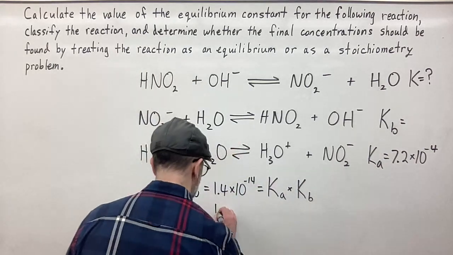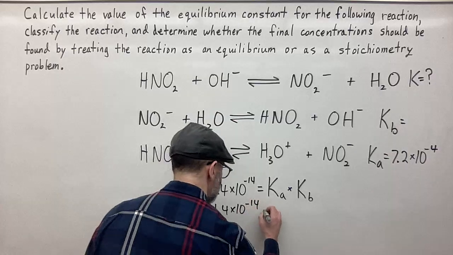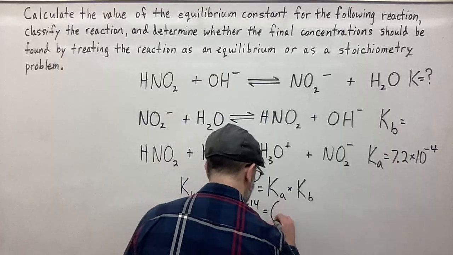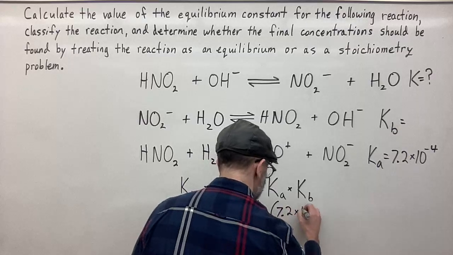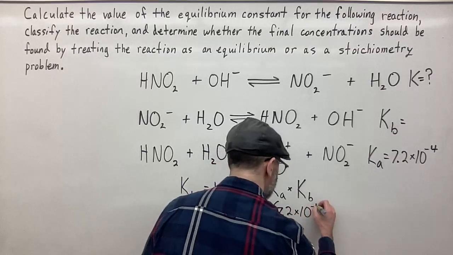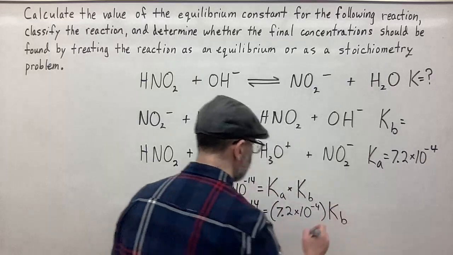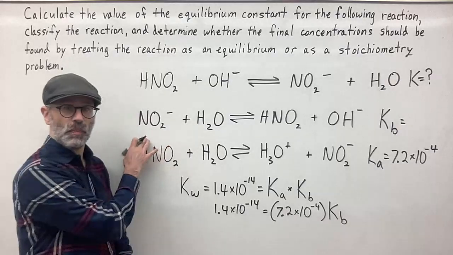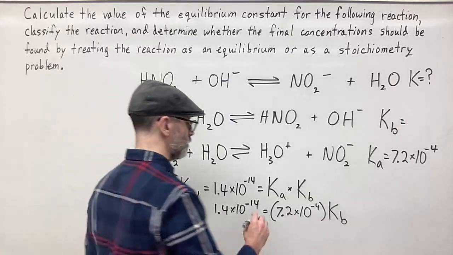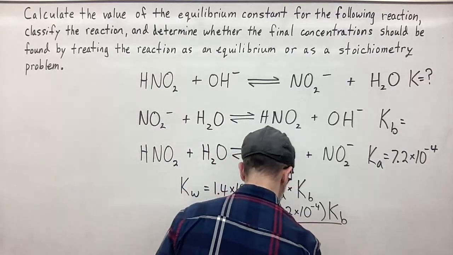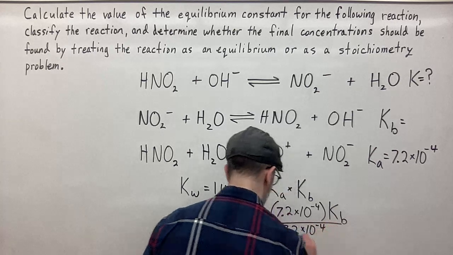So that means that 1.0 times 10 to the negative 14 is equal to the Ka value, 7.2 times 10 to the negative 4, multiplied by the Kb value for NO2 minus, the nitrite ion. So now all I have to do is divide both sides by 7.2 times 10 to the negative 4.